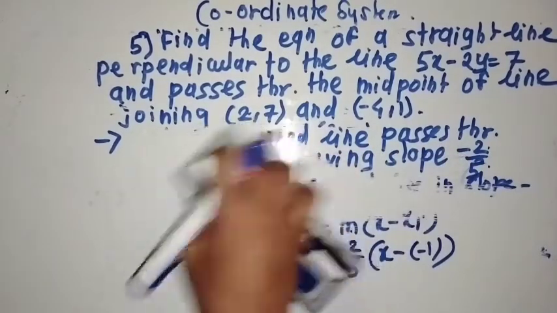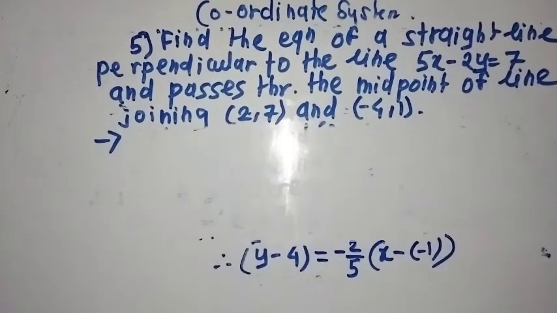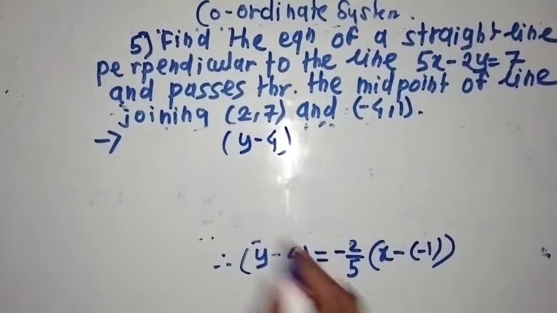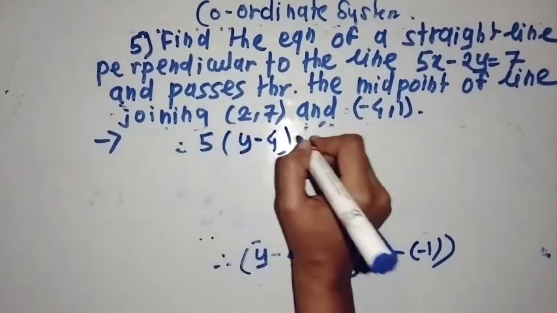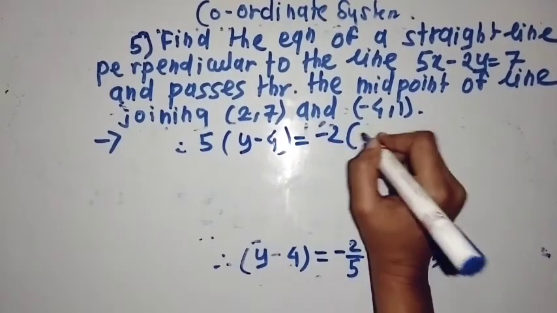Then find out these values. 5 into y minus 4 is equal to minus 2 into x plus 1.